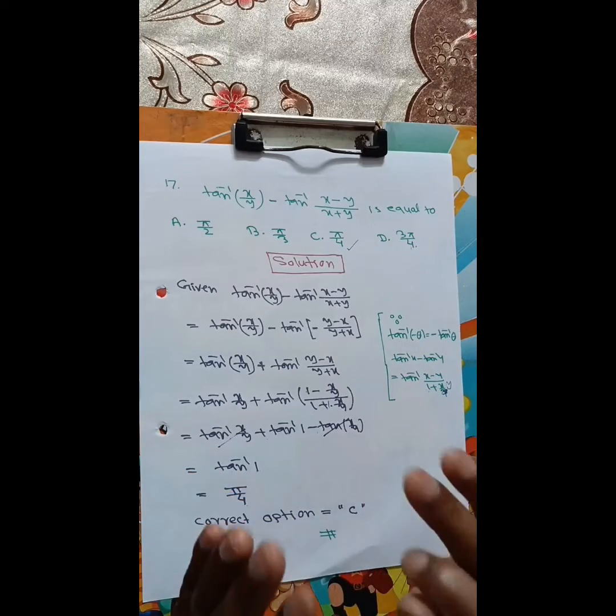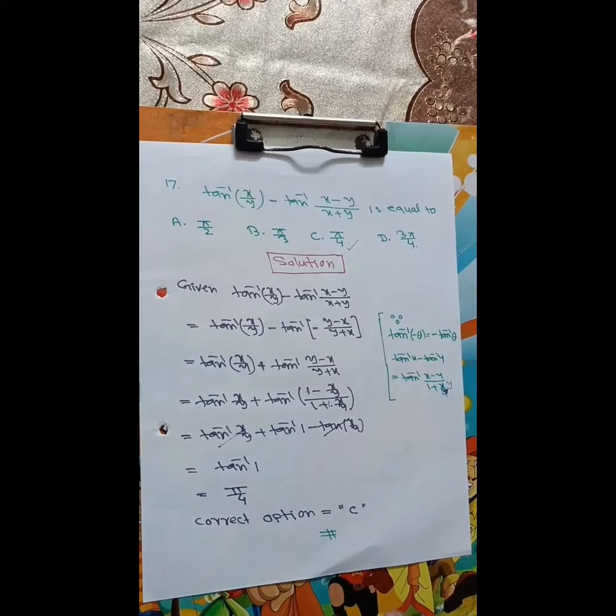So we have discussed all questions of this chapter. That means we have solved inverse trigonometric functions completely. Next, we are going to discuss chapter number 3, that is matrices. Till then, bye bye, thank you, okay.